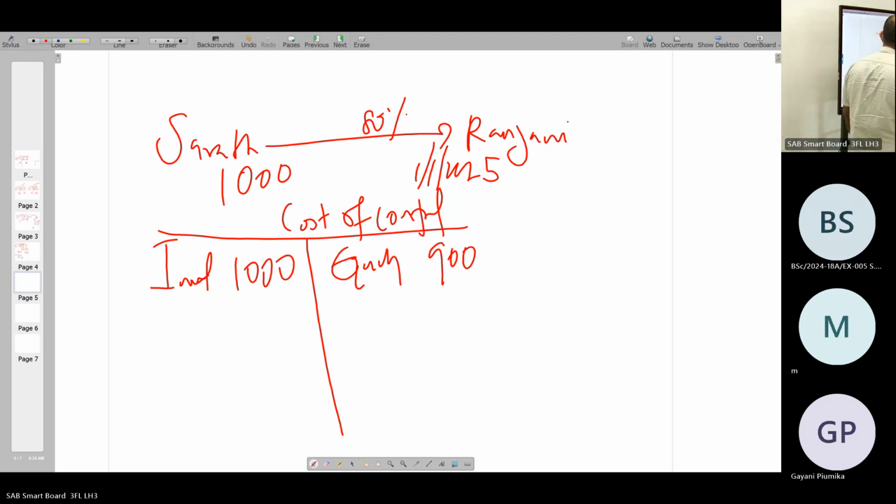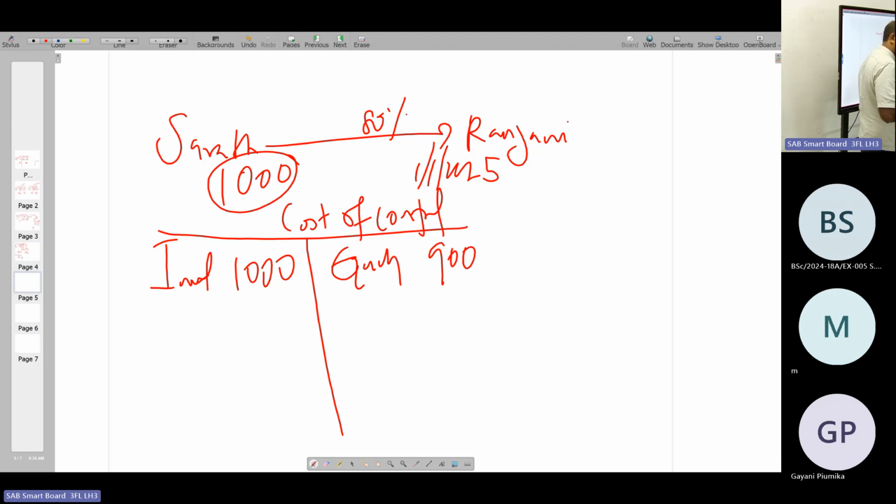This is the fair value of the net asset of Ranjani. But the agreed amount, or the real value of Ranjani, the fair value is 900, right?